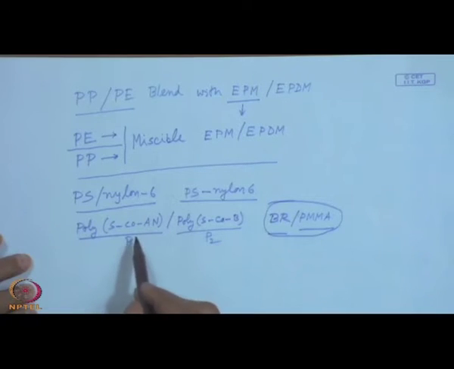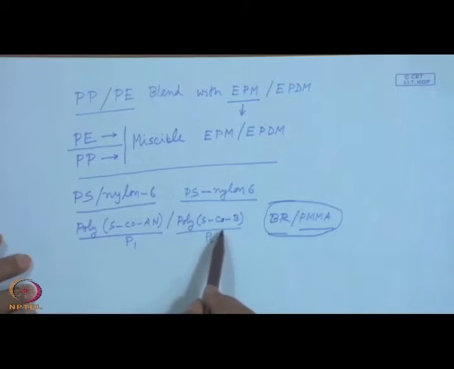Reason is polystyrene is rigid polymer, rigid plastic with less impact strength. Acrylonitrile leads to a very strong polymer, strong and tough polymer, and their rigidity and toughness can be modified by blending with styrene butadiene copolymer.